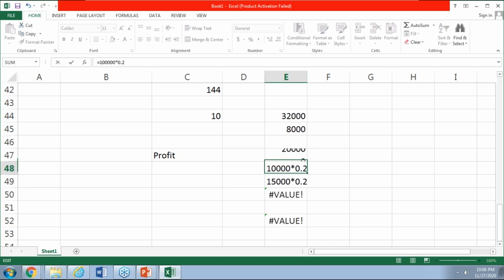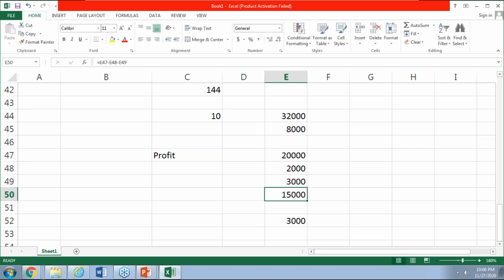You can even calculate it by taking the 20% of all the values at the same time, so we will get the value of 15,000 directly. So you can subtract the gross figures and then take the 20% in the end, or you take the 20% of all the figures.